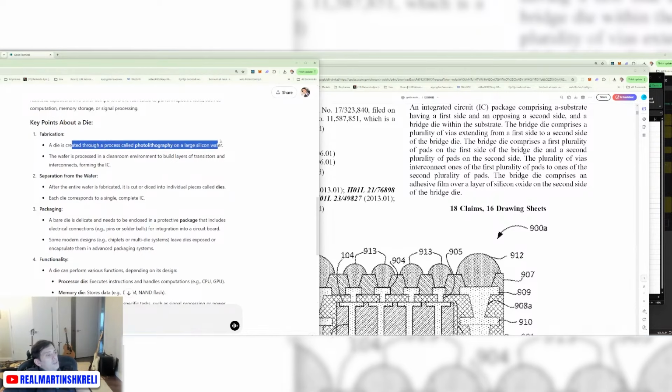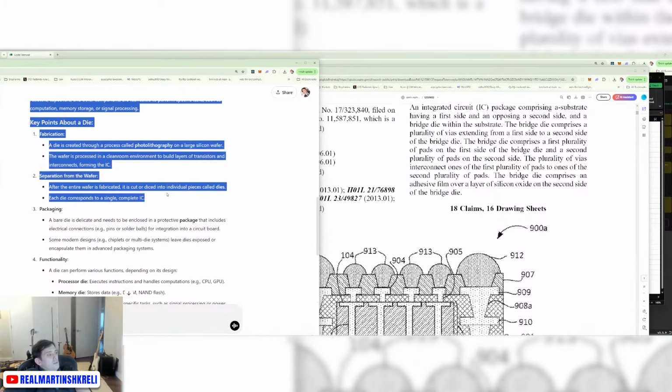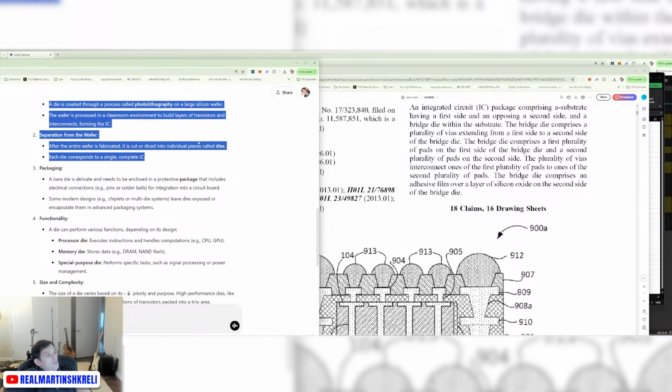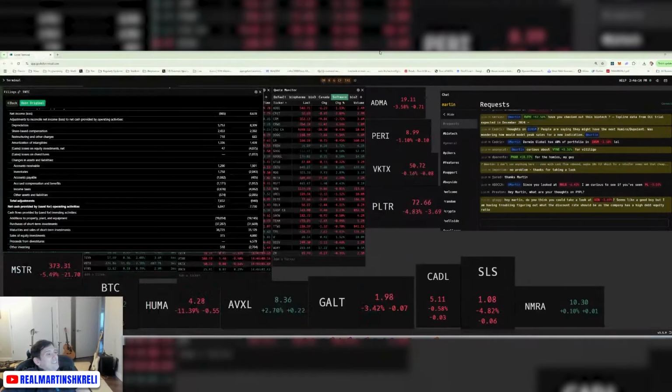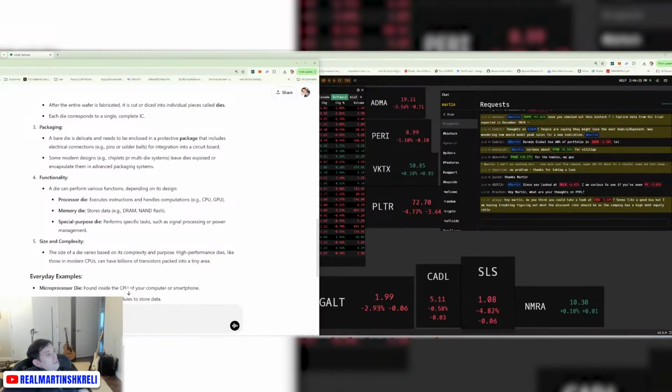A die is created through the process of photolithography on a wafer. The wafer is processed to build layers of transistors, forming the IC. After the wafer is fabricated, it is cut or diced into individual pieces called die, or dies. Yeah, I know how to use GPT. Each die corresponds to a single complete IC.